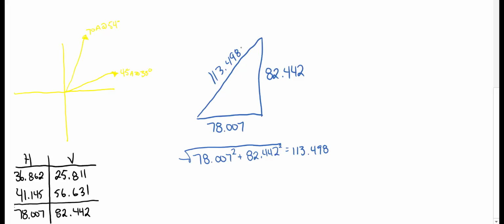Now that we know the hypotenuse, we can use some trigonometry to find the angle. So sine theta is equal to the opposite, 82.442 divided by 113.498. So sine theta will equal 0.726. How do I change that into an angle? I have to go second function sine.